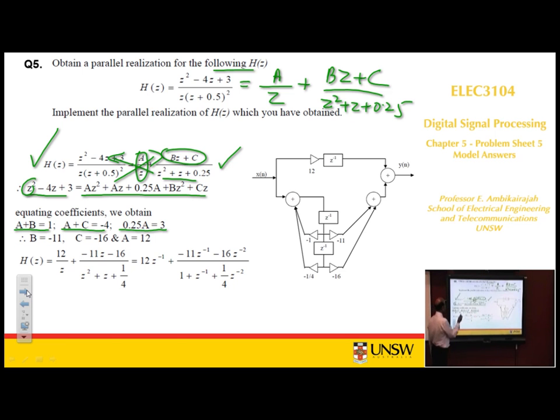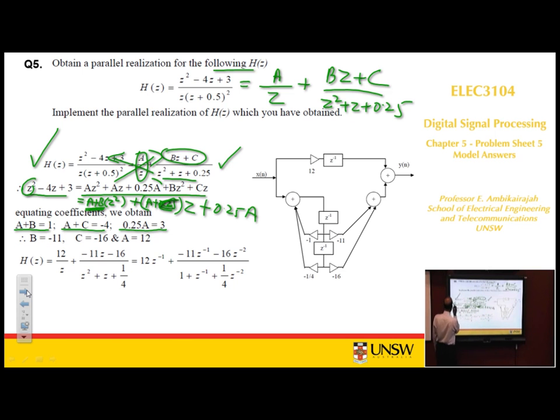So here it will come: (A plus B) times z squared, plus (A plus 0.25) z, plus (A plus C) z, then plus that one, 0.25. Yeah, that's your common.